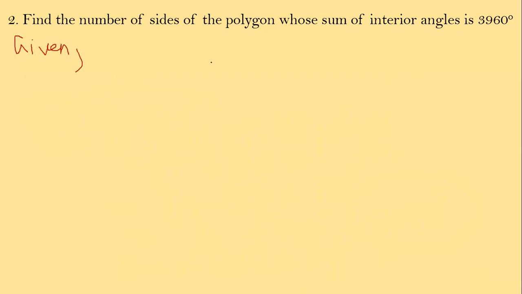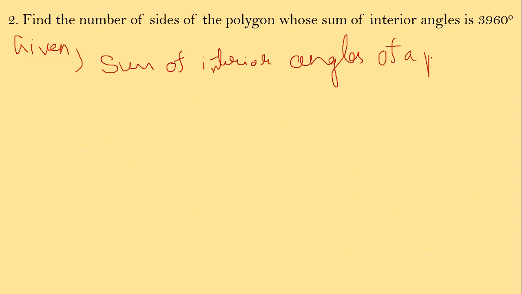The sum of interior angles of the polygon is given as 3960 degrees.